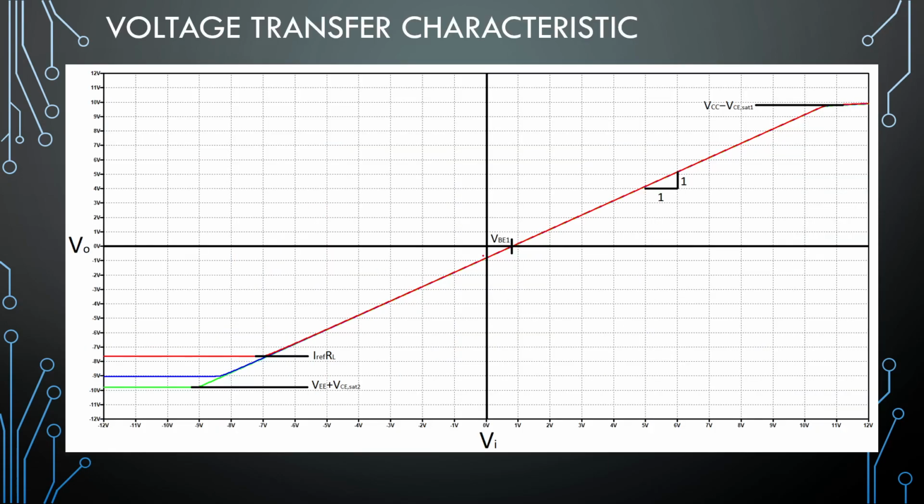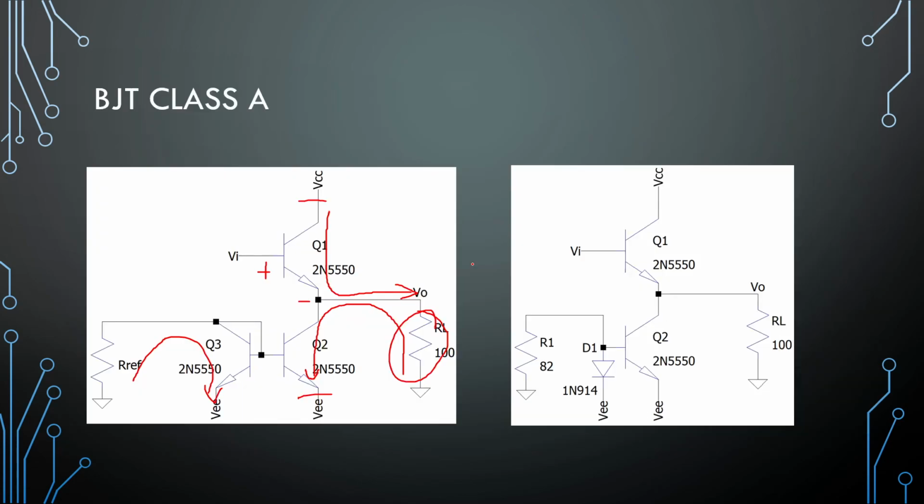Okay, so this offset that you have here on the input and on the output is due to the switching on voltage of our transistor 1. Okay, so our offset is due to this transistor right here.